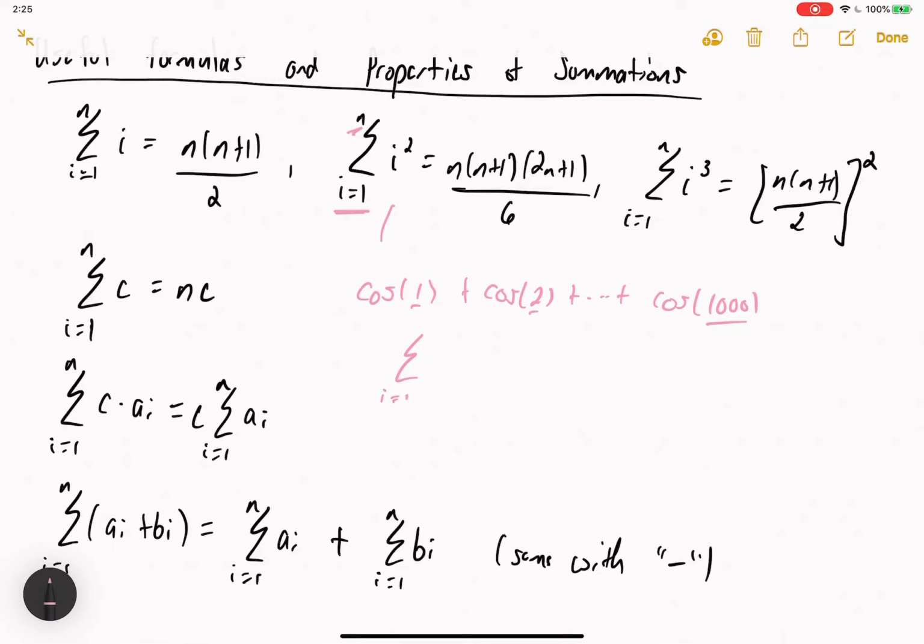So let's just start at 1, go to 1000, and we need some way to indicate what's happening to each of the terms. If you look at each of the terms, we have cosine, and inside cosine is the thing that changes. So it's going to go from 1, 2, 3, 4, all the way up to 1000. So instead of writing the thing that changes each time, we just put that i. And that's how we'd write that sum.